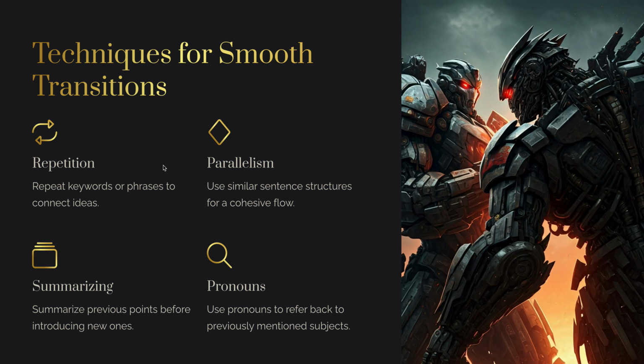Repeat keywords, yes, but I saw a lot of you wrote "on one hand," and then a few sentences later "on one hand," and you repeat the same kind of little chunk of phrases, and that's not great. Summarizing previous points before introducing new ones is absolutely acceptable, and it helps the reader. Maybe it will refresh my mind and my memory. Pronouns: using pronouns to refer back to previously mentioned subjects. That's what pronouns are for. They're placeholders.